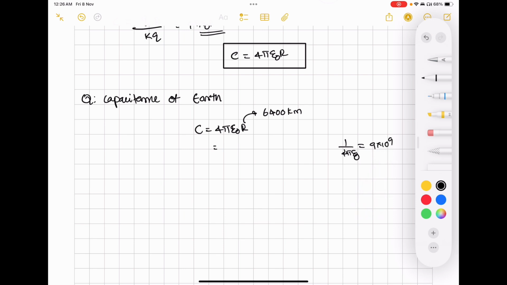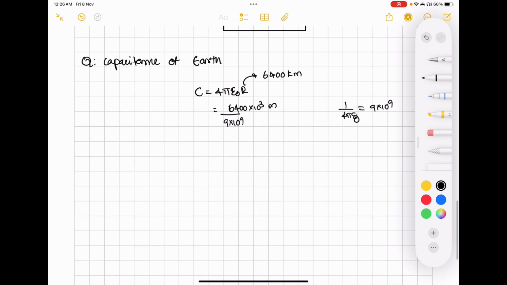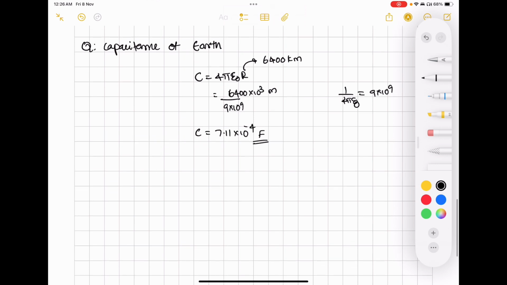So 4 pi epsilon 0 will be 1 by 9 into 10 to the power 9, and radius R is equal to 6400 kilometers, that is 6.4 into 10 to the power 6 meter, and the final answer will be 7.11 into 10 to the power minus 4 farad. The unit of capacitance is farad or coulomb per volt. So this is 711 microfarad.